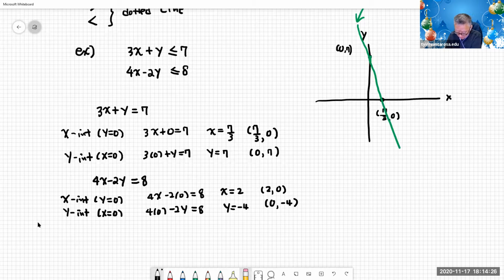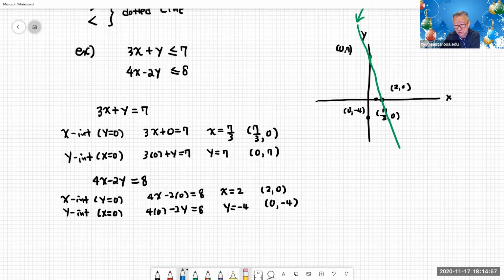All right. So we are going to draw this. And let's just plot this. So when x equals 2, that's going to be about here. Okay, and the other one is going to be 0, negative 4. Let me put that over here. So you have a 0 and negative 4. That's this point here. And that point is going to be 2 and 0.